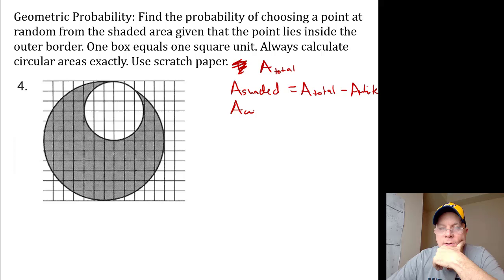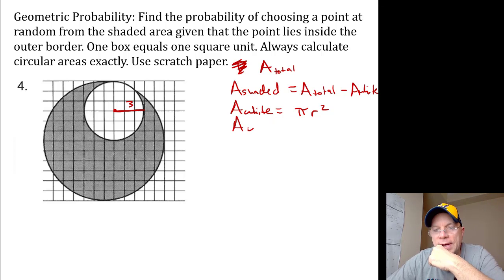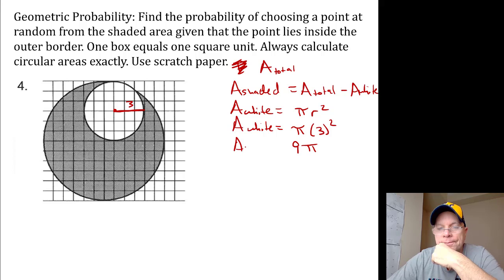The white circle is pi r squared, where r is the radius of the white circle. It's 3. So the area of the white circle is pi multiplied by 3 squared, so 9 pi. That's the area of the white circle.